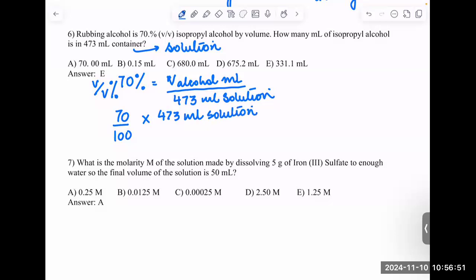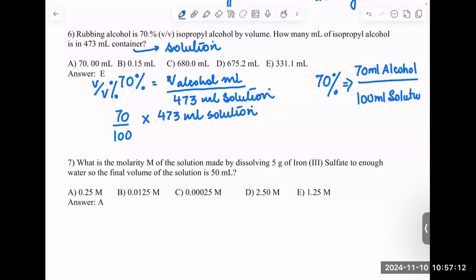Just so you understand this, 70% implies that 70 milliliters of alcohol, the solute, is present in 100 milliliters of the solution.